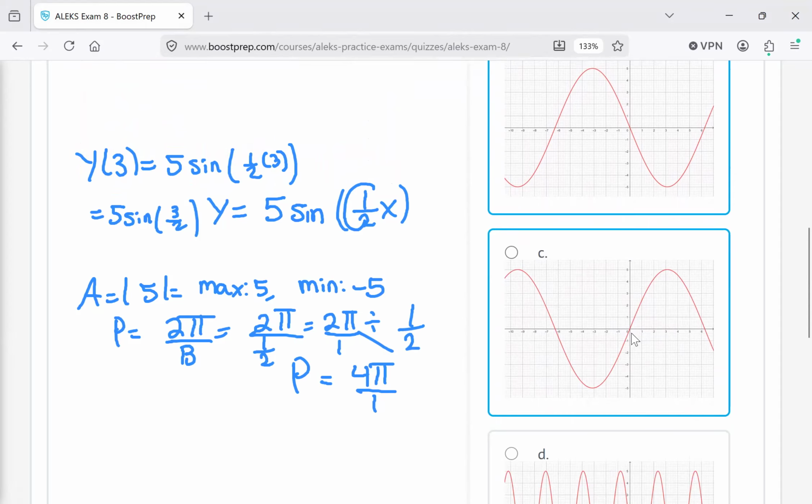I think this is the one. It's the only one with max 5, minimum -5, that goes through the origin. It's not going backwards. And yeah, I think it's the one.